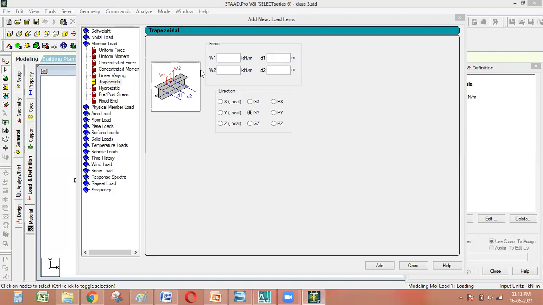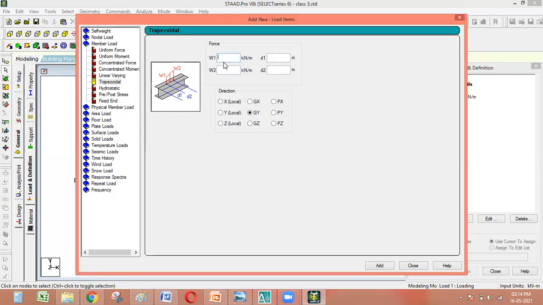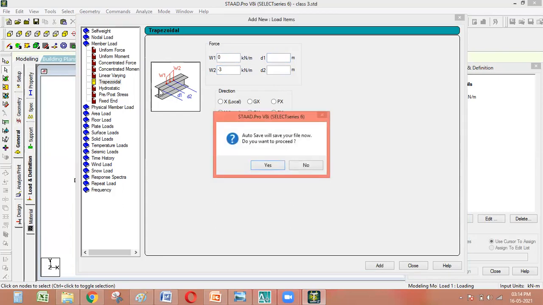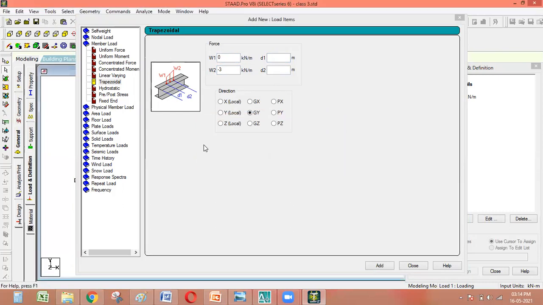So here, as I said, this W1 starts from here, means you can take it at the first end. So D1, W1 is 0 in our case. At the end, W2 is 3 kilonewton per meter. We should take it as -3 because of the same convention. Okay. Then what is D1? D1 is the initial point where W1 acts.